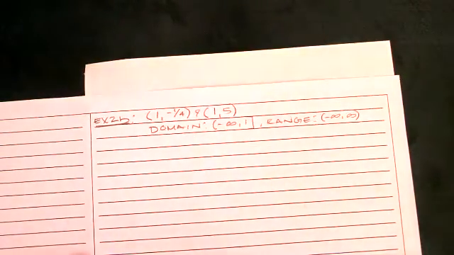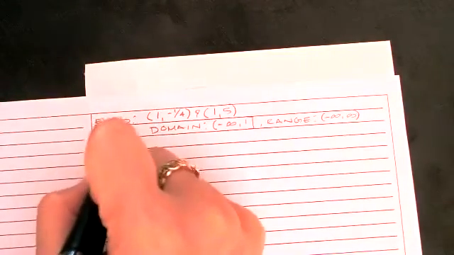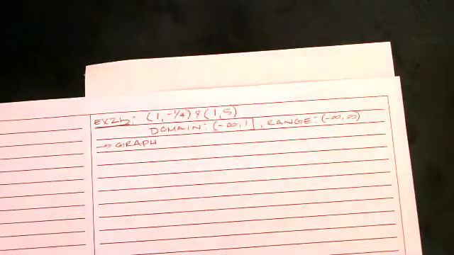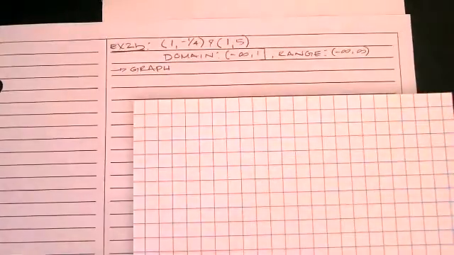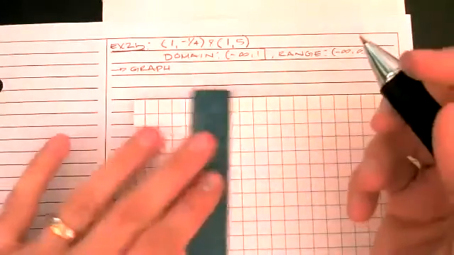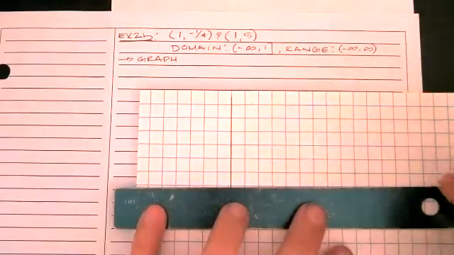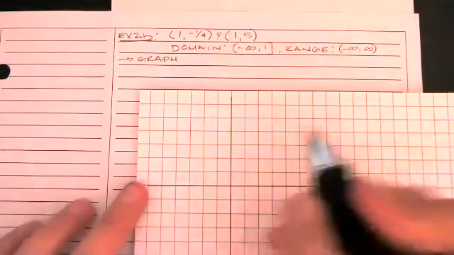So I've asked you to come up with a mathematical equation for this and also to graph it. If you have no idea how to come up with a mathematical equation, then I suggest that you start with drawing a picture. So here's my coordinate plane. And these numbers are pretty reasonable, so not terrible.